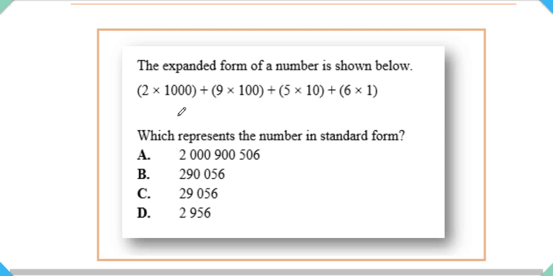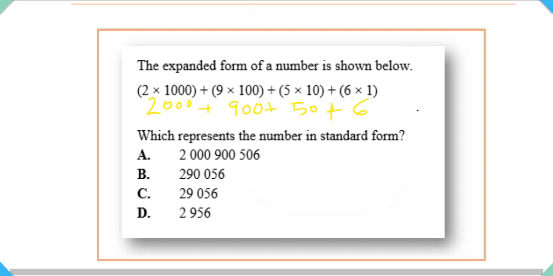Based on how this is written, we need to do the calculations first. This is 2000 plus 900 plus 50 plus 6.